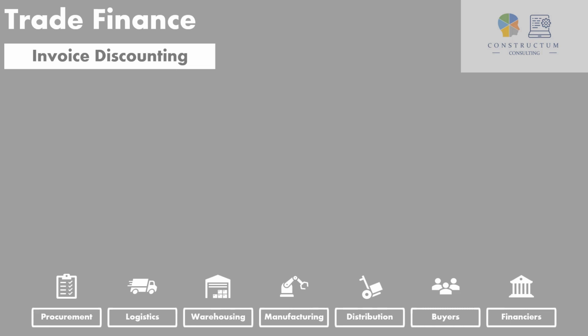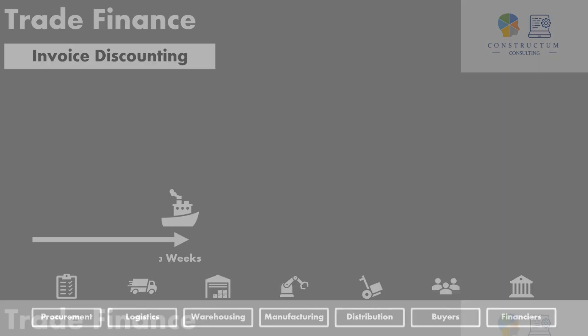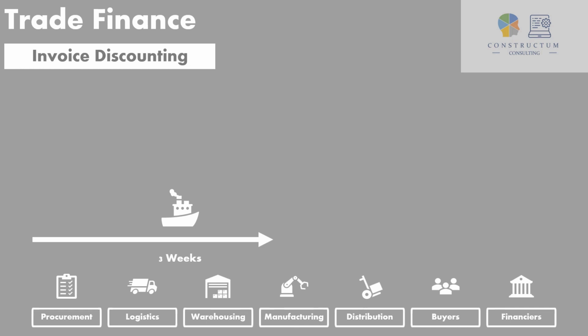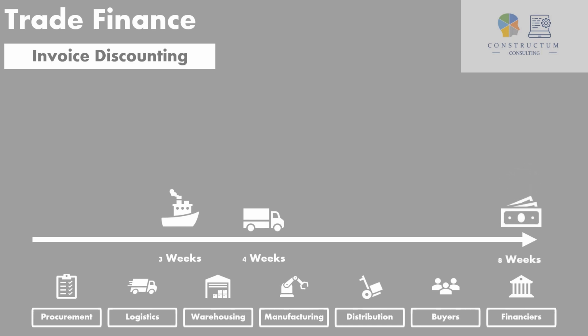A local trading business may procure medical equipment from Europe. The stock is transported by ship over a 3-week period before arriving at the local port. Another week goes by for the consignment to clear customs and arrive at the warehouse of the trading business. Then, after delivery of the product to the corporate buyer, the trading business must wait another 30 days before receiving payment.